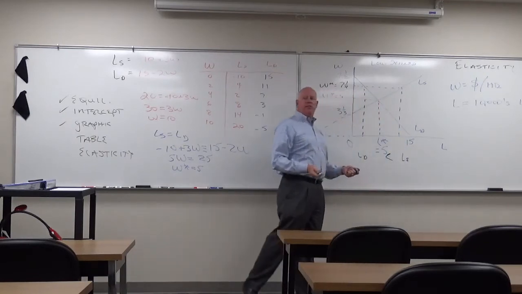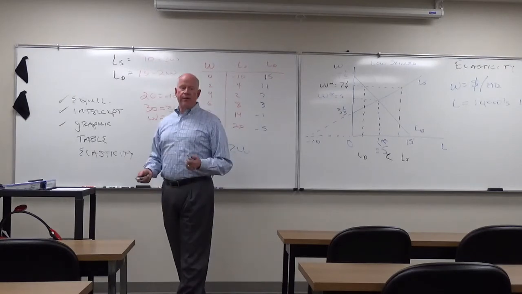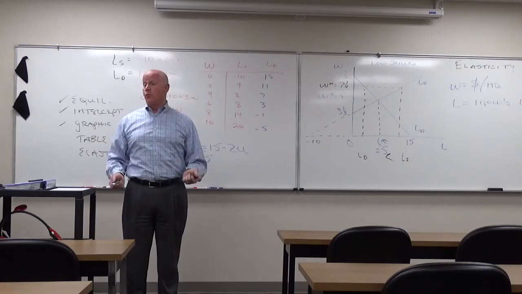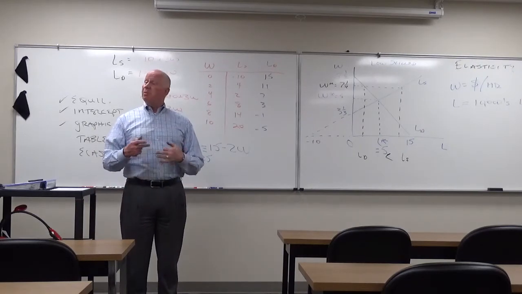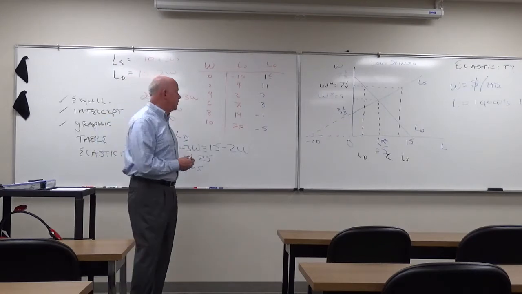And when demand is less than supply, we have a surplus of workers, and we call that unemployment. If demand was greater than supply, then we'd have a shortage of workers, and then maybe some black market would arise to deal with that. So something outside of a legitimate system.